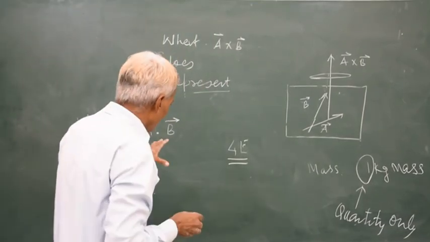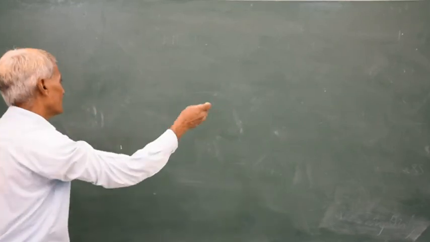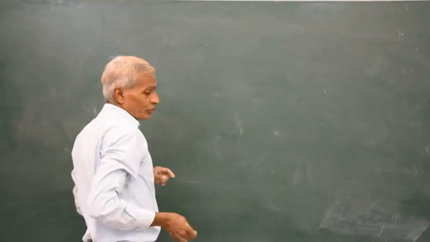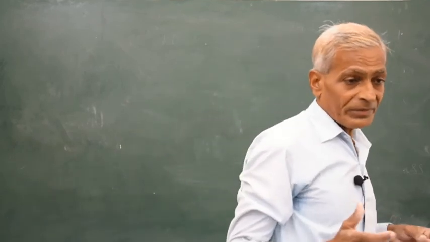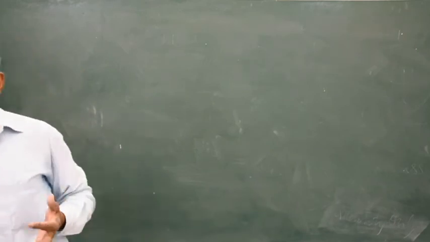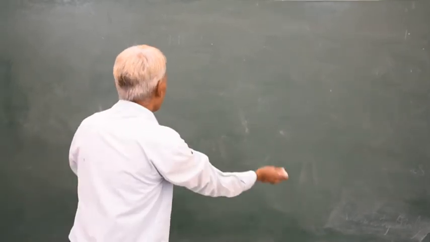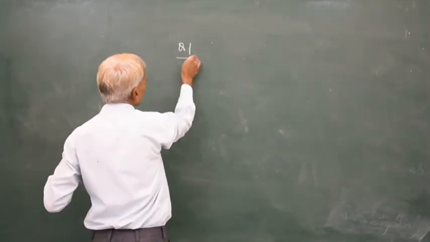Now, a few questions are there. Suppose someone is asking general questions. I have already said that in BSc 1, when there are objective questions, a few questions are set on general understanding of the subject. I have already explained to you what is dot product and what is cross product. Now a few questions are there, you have to answer. Question number 1.